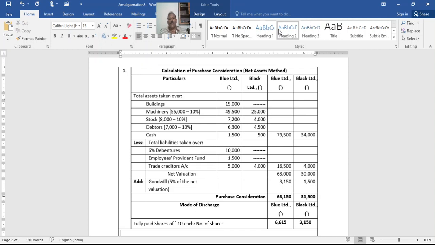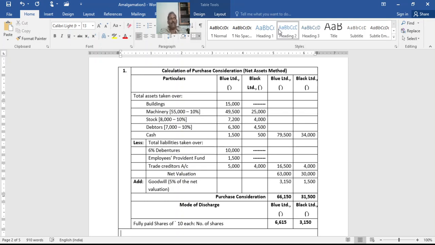It is given here in this problem that all assets are taken at a reduced valuation of 10% other than buildings. So other than buildings, buildings are at book value, that is at the balance sheet value. And when such information is given in the problem, you are not supposed to deduct cash or bank balance, as both are in the realized form.